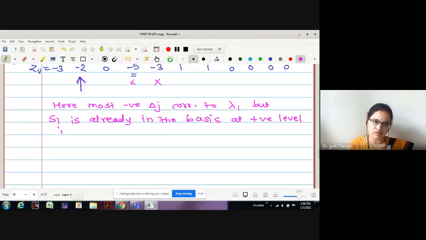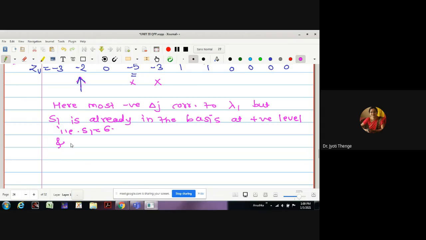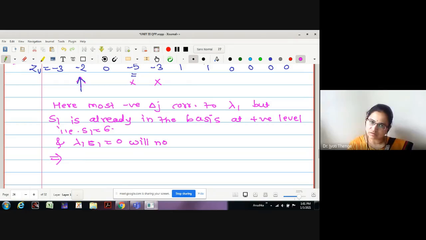That is, S1 equals 6, and lambda 1 S1 is equal to 0 will not be satisfied if both are positive.